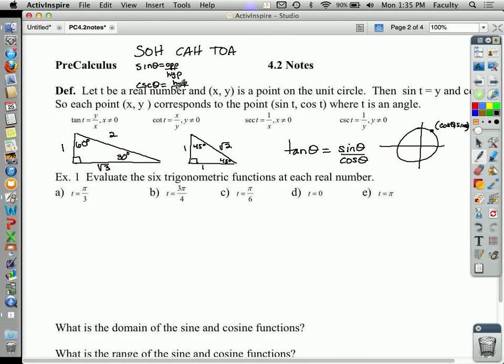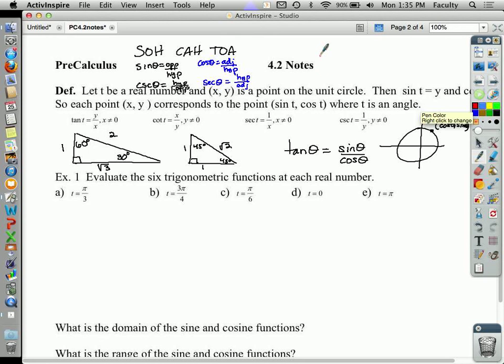Cosecant theta is the reciprocal of sine. So cosecant is abbreviated CSC theta, and it's hypotenuse over opposite. Cosine theta is the adjacent over hypotenuse, and so its reciprocal is secant theta, and it's hypotenuse over adjacent.